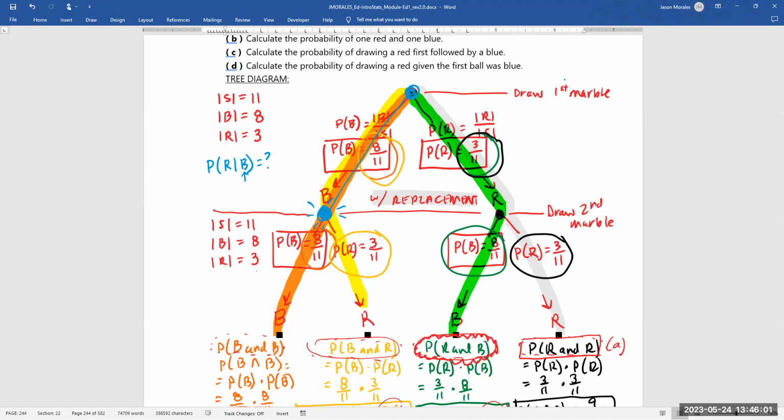Instead, because we know blue has occurred, we're only interested in this branch going to red. And so this branch going to red is the probability of red given that blue has occurred first. So this becomes your new starting point with conditional probability. And so the probability of red given that blue has occurred first is going to be 3 out of 11, the same as this.